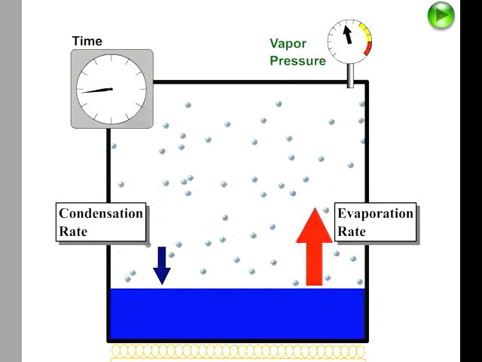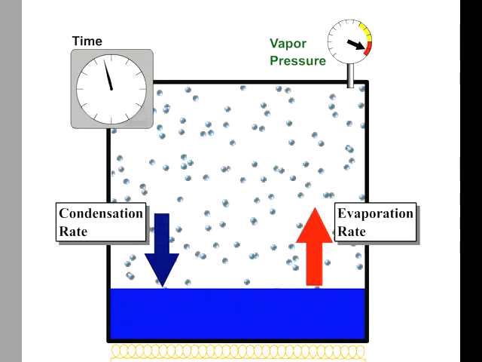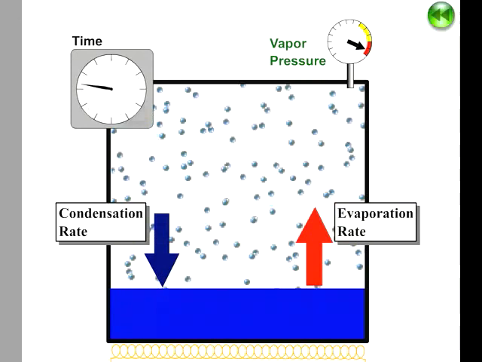As more and more water molecules exist in the vapor state, the condensation rate increases. If the evaporation rate equals the condensation rate, the number of water molecules in the vapor state remains constant. The pressure due to this constant amount of water vapor is called equilibrium vapor pressure or saturation vapor pressure.